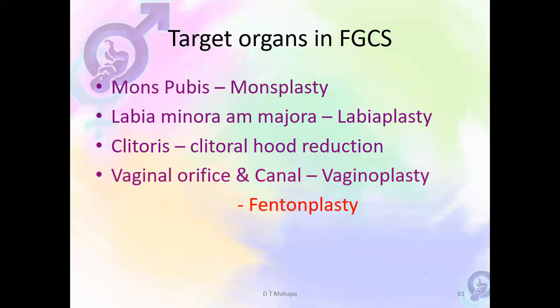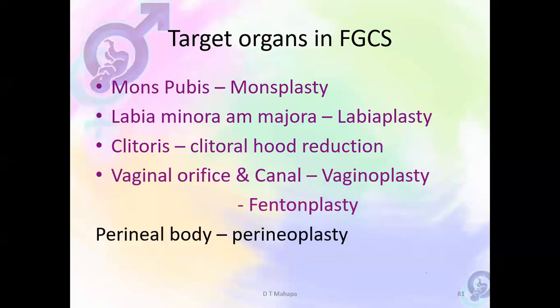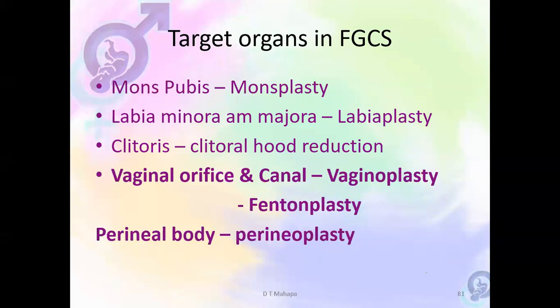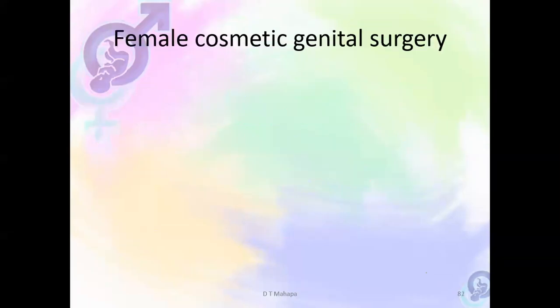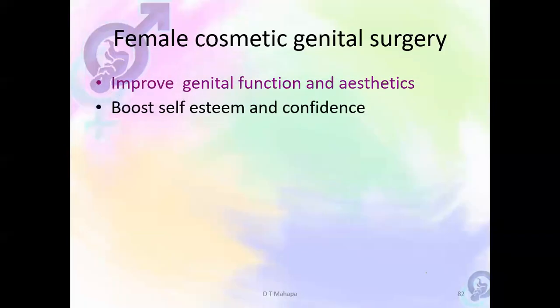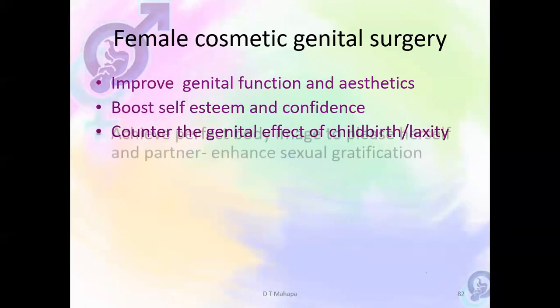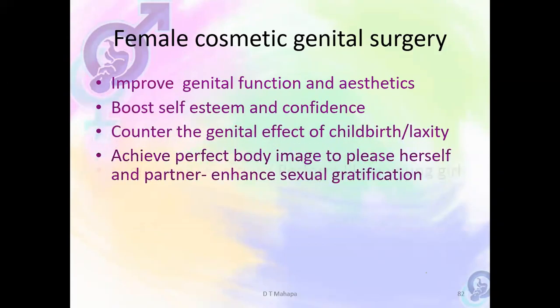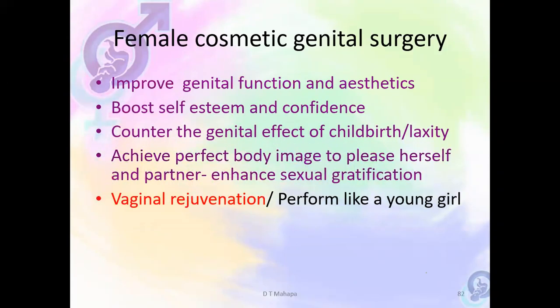Or if the vaginal orifice is too tight, they do fentoplasty. If the perineal body is lax, there's vaginal laxity, they do perineoplasty. The vaginal orifice and canal procedures, vaginoplasty, fentoplasty, and perineoplasty, are the commonest that people present with in female genital cosmetic surgery. And then, as I said, it all boosts self-esteem and sexual gratification.